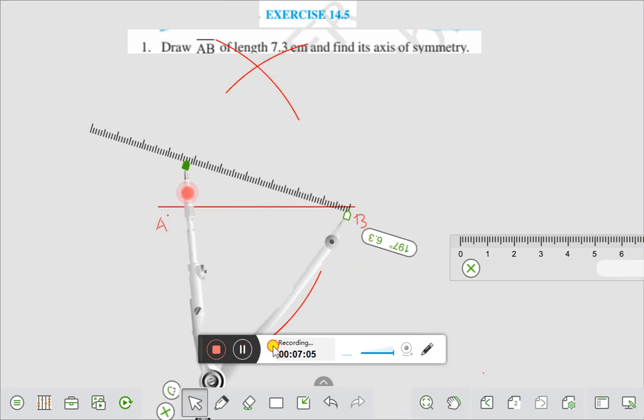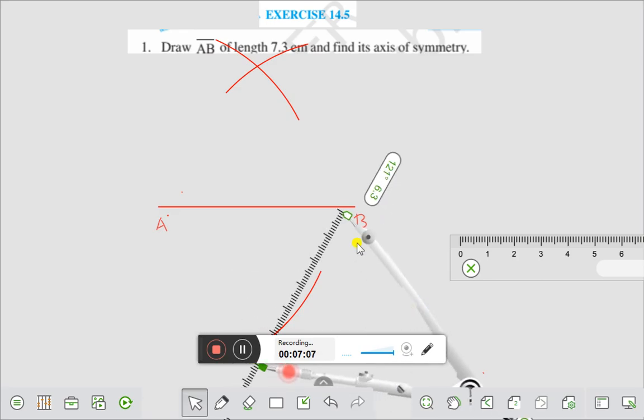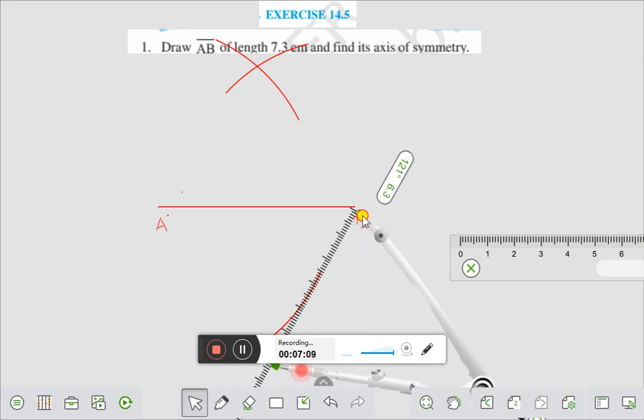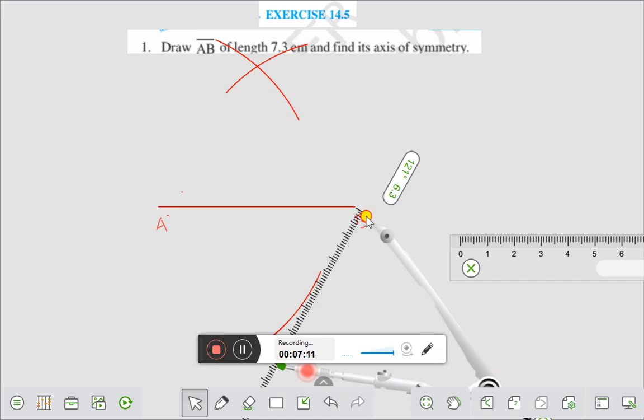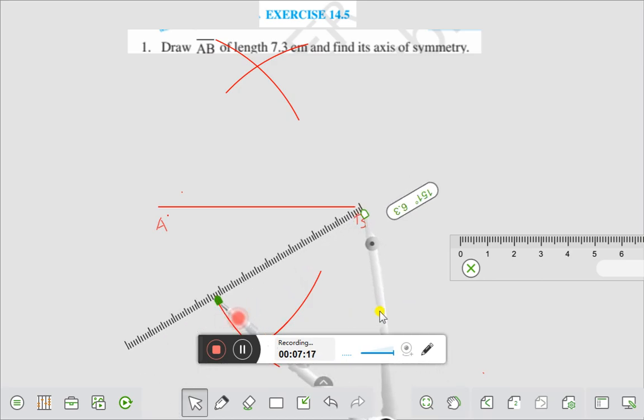Again, we will take this point on B, right? And taking another curve here, we are getting a point right here.